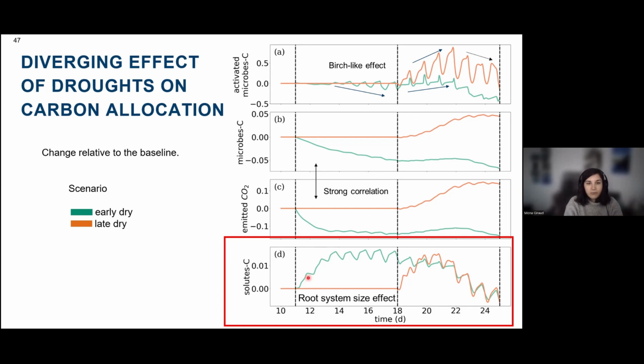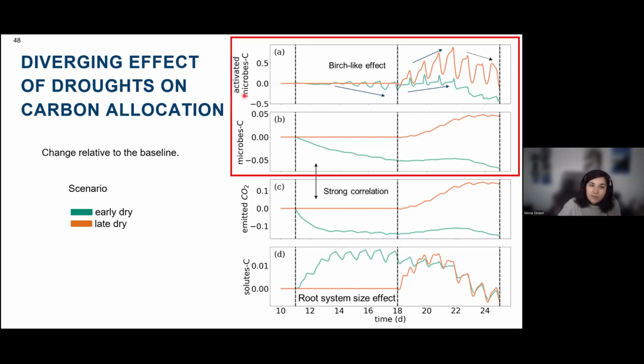And so it means that the volume of soil in which the plant releases carbon is smaller. And so it's harder for the microbes to access the carbon that is being exudated, and it tends to accumulate more instead of going into the microbial pool. And so, for the early dry spell, and also with the late dry spell, we go back to amounts that are similar to the baseline by the end of the simulation.